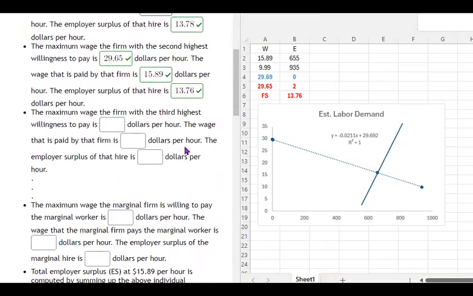Okay. Now, what about the third highest willingness to pay? So the maximum wage the firm will pay with the third highest willingness to pay is what? Well, now we have to look at that third employee in terms of productivity: established record of training and education, the quality of the recommendations from his or her references. This person has been judged to be the third most productive, so the firms are willing to pay this person $29.63.